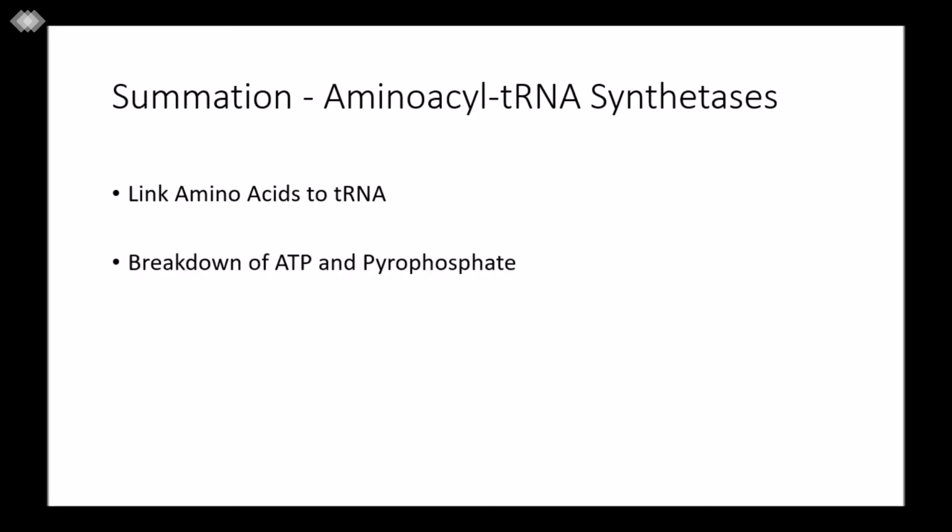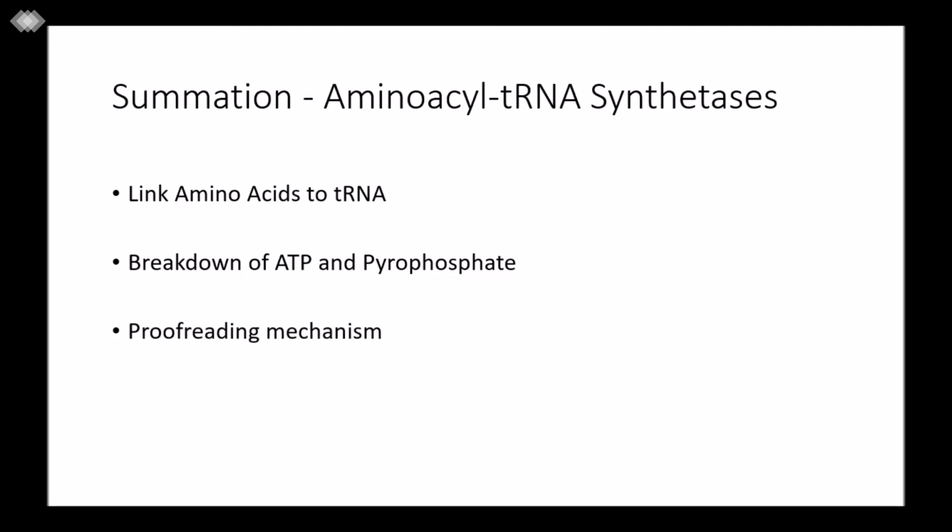Next, the binding process will require the hydrolysis of the ATP to the AMP to link that AMP to the amino acid, while the pyrophosphate will be hydrolyzed to the inorganic phosphates to prevent the reverse reaction from happening.